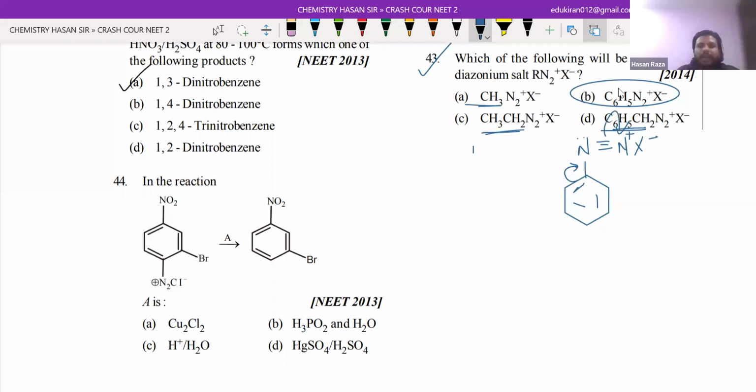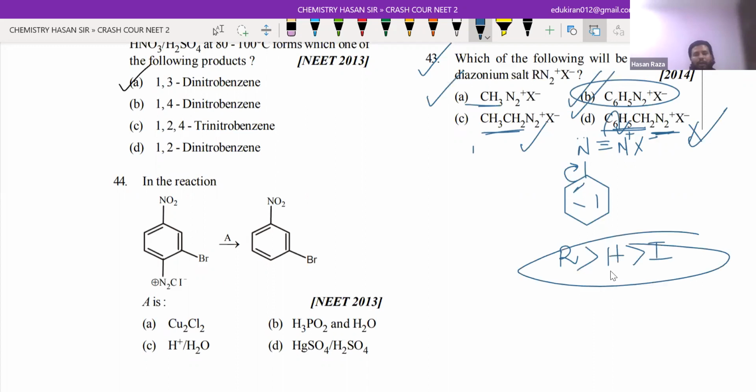That's why B will be the most stable. This is not in conjugation. There is no resonance, and there is also no resonance here. And we know that in stability, we give preference first to resonance, then hyperconjugation, and then the inductive effect. Go for question number 44.